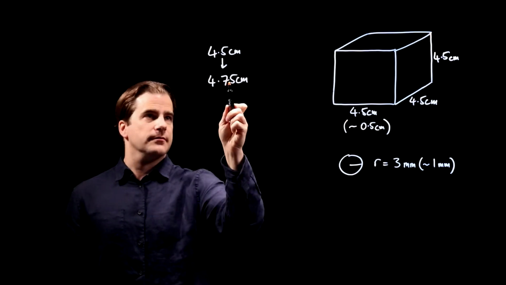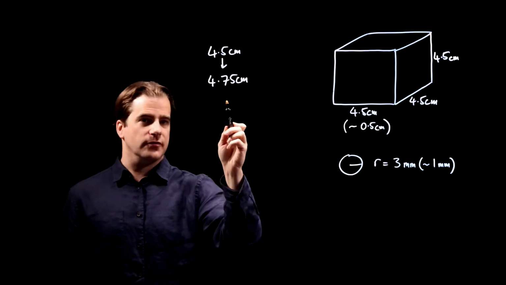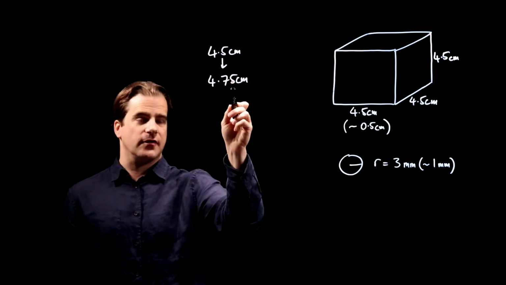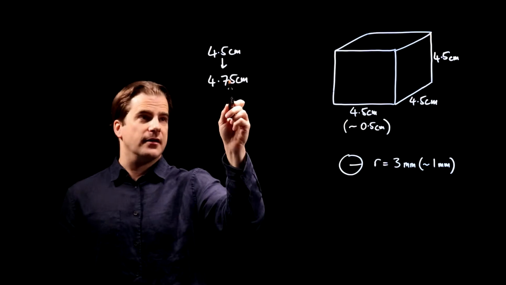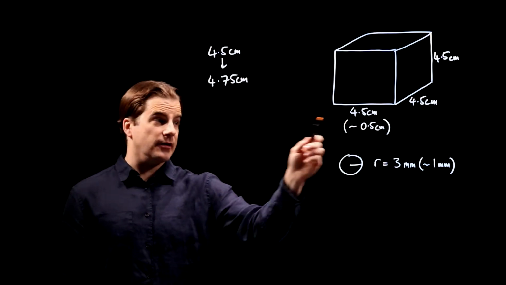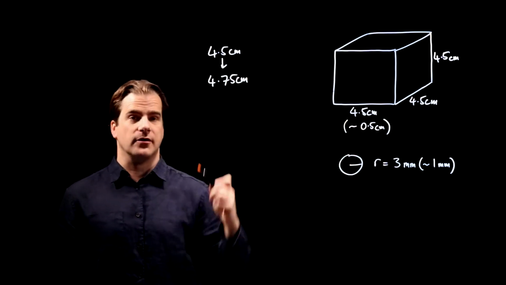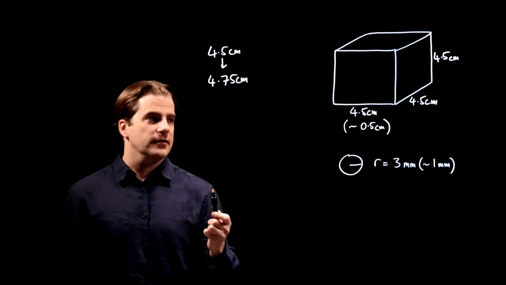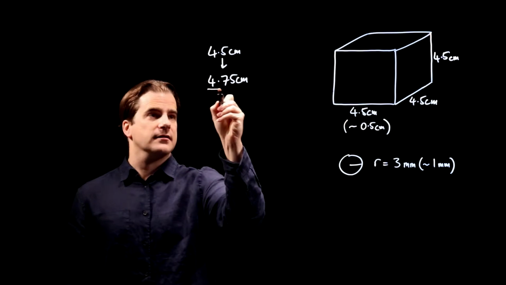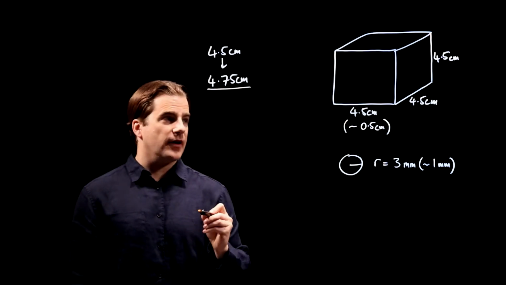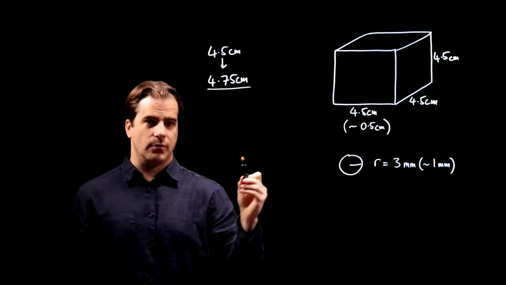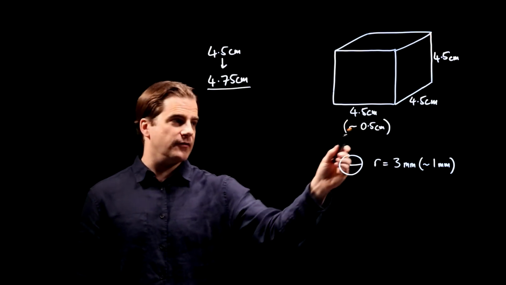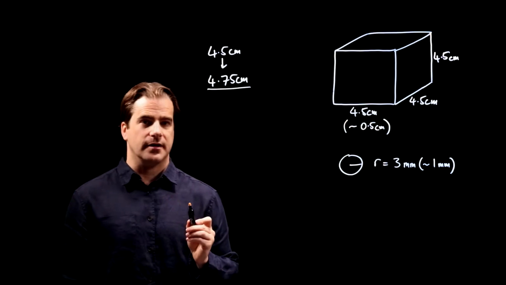Because it could be as low as 4.25 or as high as 4.75. Anything bigger than 4.75, to the nearest half centimetre, would be rounded up to 5. We've made it as big as we possibly can, given that it's to the nearest half centimetre.